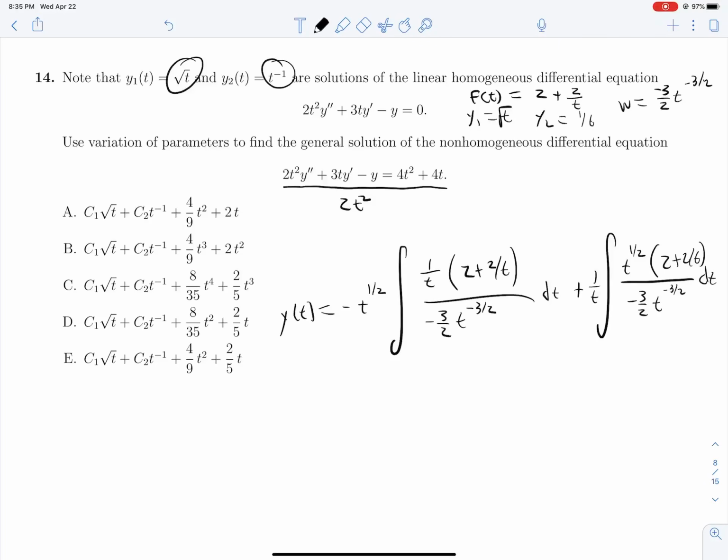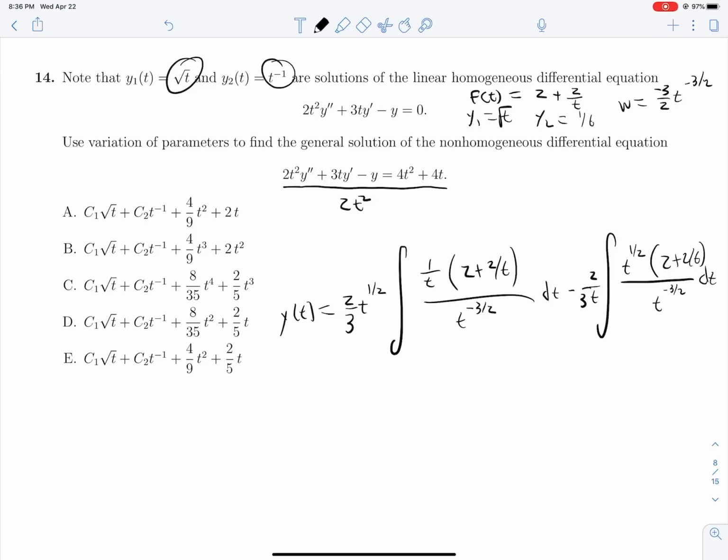Okay, let the great simplification begin. We can take this factor of negative 3 over 2 on the bottom and bring it up as a positive 3 over 2 on the top, because we had a negative sign to cancel it out with. And by 3 over 2, careful, I mean 2 over 3. Likewise, this negative 3 over 2 will come up as a negative 2 over 3, like that.